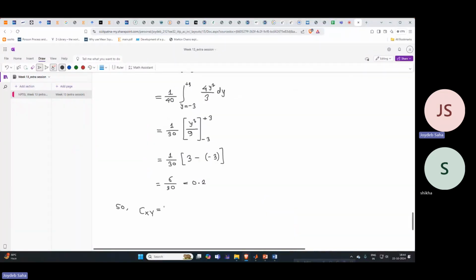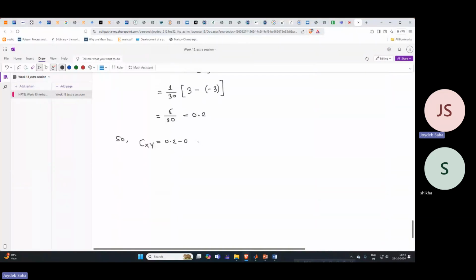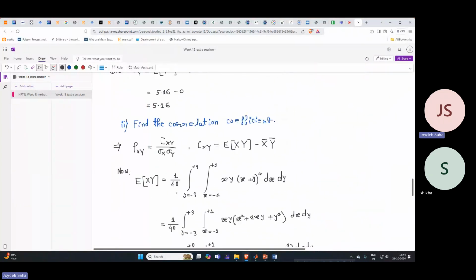Our expectation of xy is 0.2 minus 3 is equal to 0.2. So rho of xy is equal to c of xy 0.2 divided by rho x into rho y.